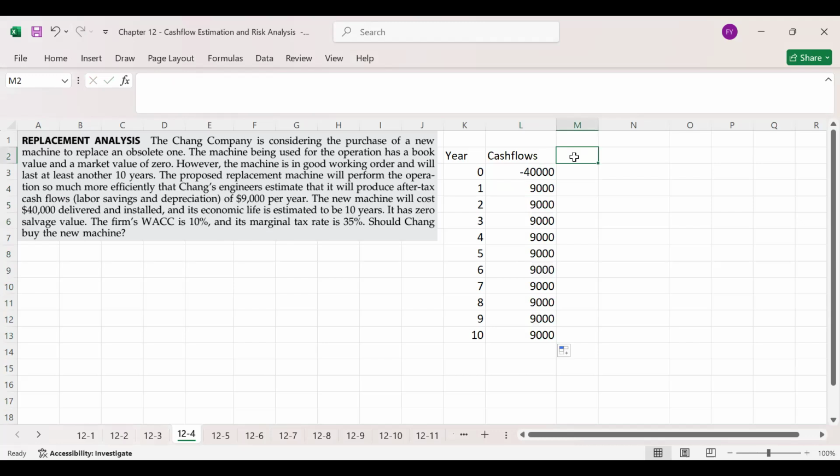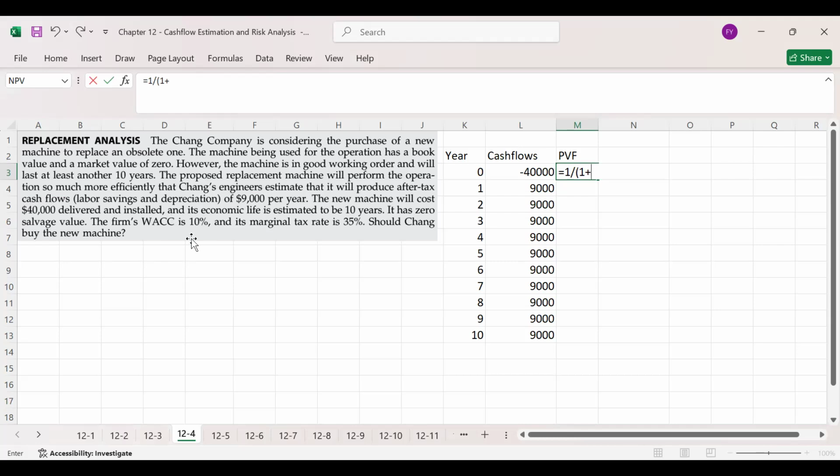Then what we are going to do is to calculate the present value factor. These present value factors are required to convert cash flows into present values. So the formula is 1 divided by (1 plus I) raised to the power n, where I represents the rate of interest.